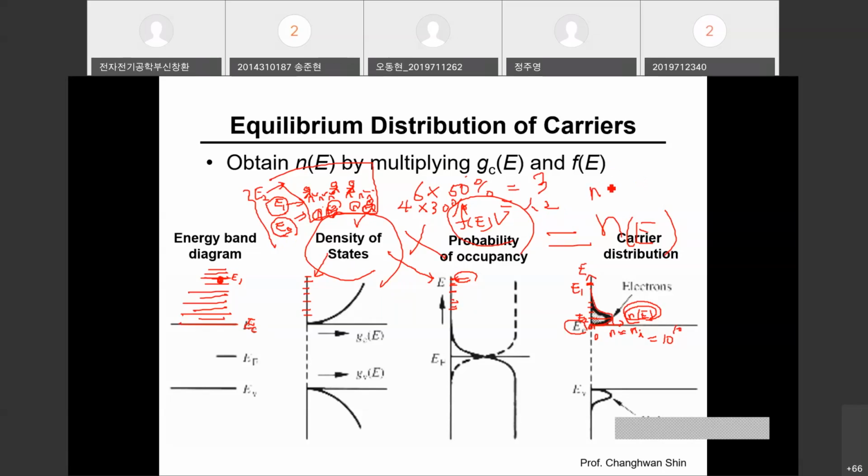In other words, once you know the electron concentration, or the people's density, as a function of energy, then you can sum them up.